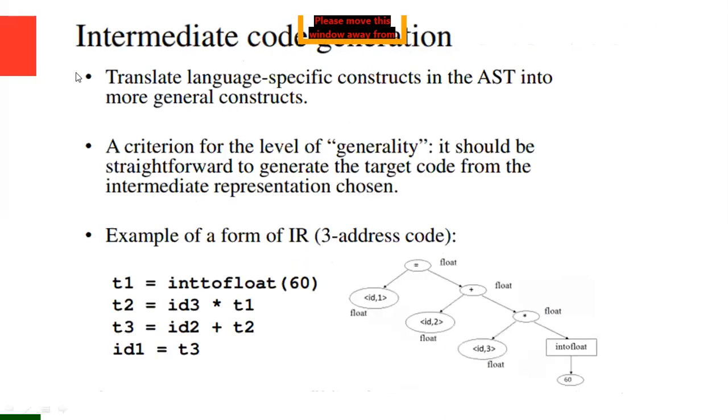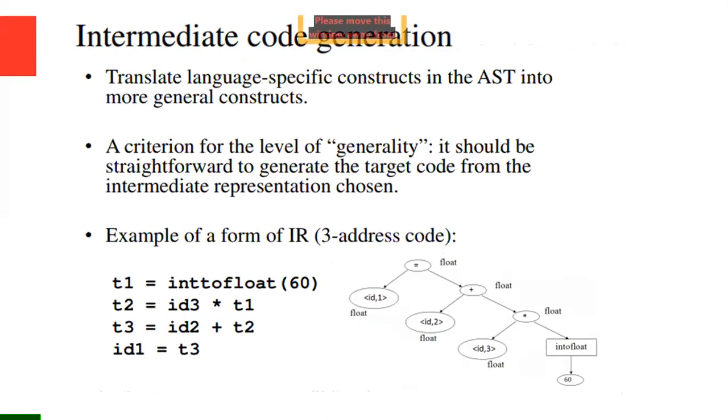Okay, so next one, what is the fourth phase of compiler? That is the intermediate code generation. So this is the fourth phase of a compiler or a structure of a compiler. So what is the intermediate code? What is the role of intermediate code?